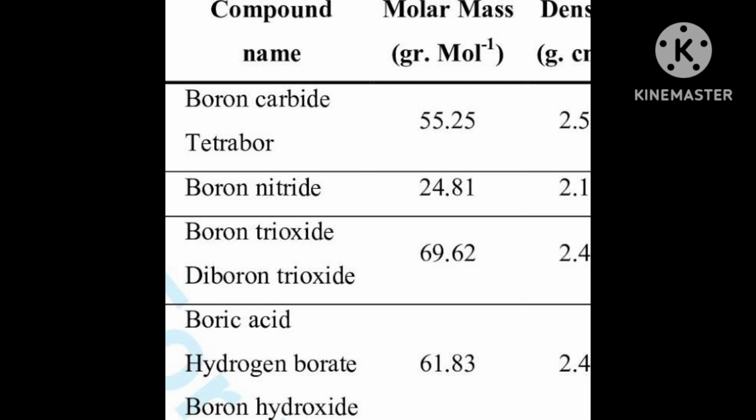Because it is not able to release H+ ions on its own, it receives OH- ions from water molecules to complete its octet and in turn releases H+ ions. The H+ ion requires an electron, and from the OH- ion the electron is there.